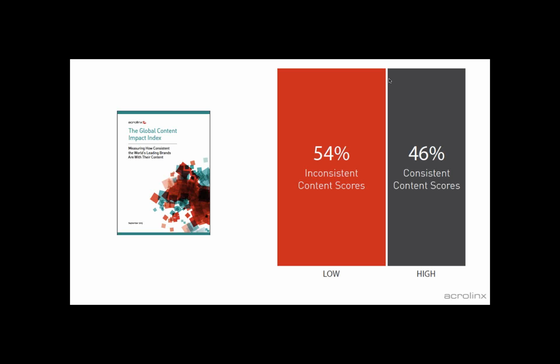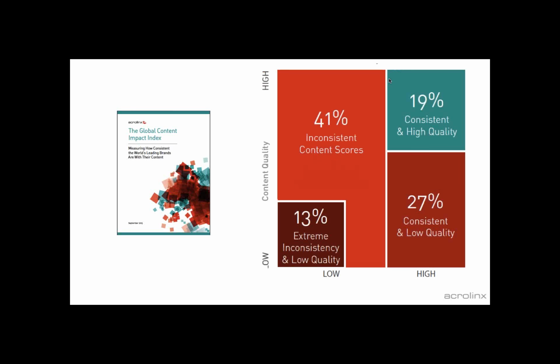So 46% at this stage, you could say, well, perhaps that's not so bad, about half of them are consistent. But then we delved a little deeper, because you can have consistent content, but it doesn't necessarily mean that it's consistently good. And when you take a deeper look into the scores, we found that only 19% of the companies who had consistent content had high-quality consistent content.